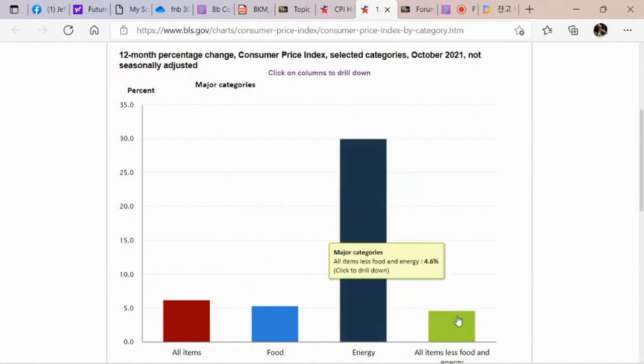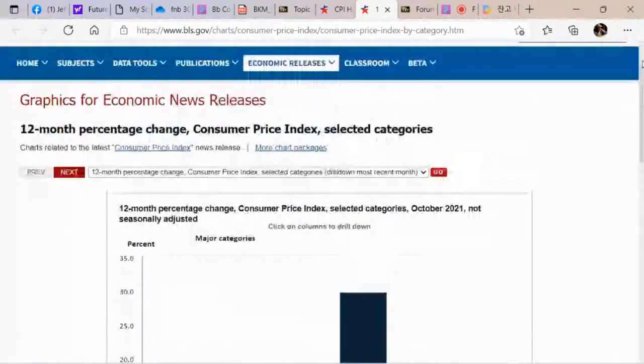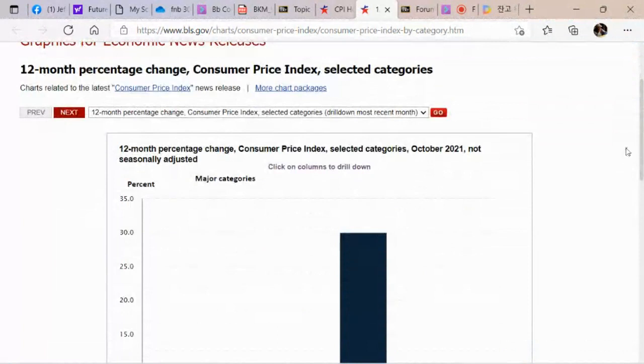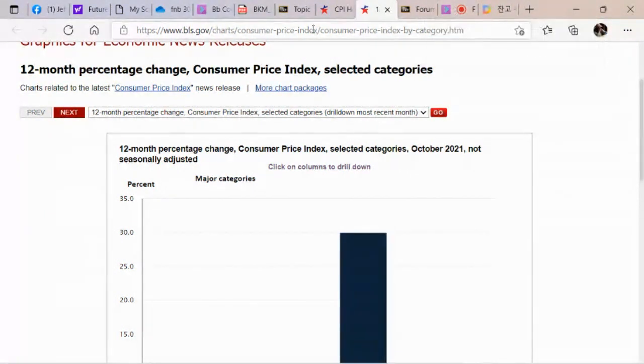All items less food and energy, slightly 4.6%. But anyway, CPI is the broad measure.